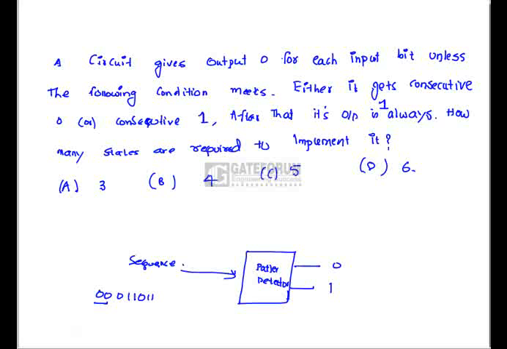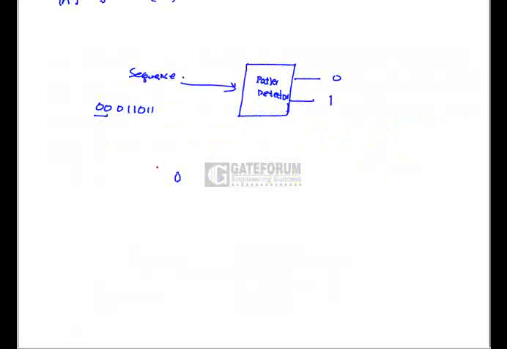Suppose the first bit is 0, the next bit can be 0 or 1. If it is 0 0, then it has to produce output equal to 1. If it is 0 1, the output must be 0. Suppose after getting 1, if the bit is 1, the next bit could be 1 or 0.